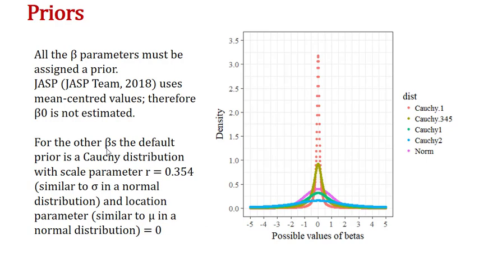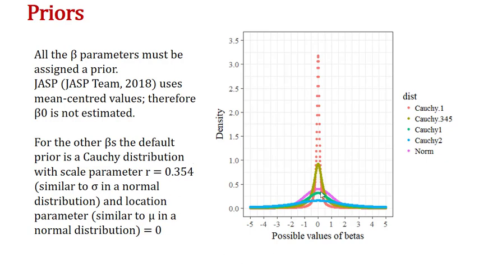Sometimes a normal distribution is used, but the authors of JASP, in fact JASP runs in the background a package of the R software. That package is called BayesFactor, and the author of the package decided to use this as the default parameter. Now I'm going to explain what that means.